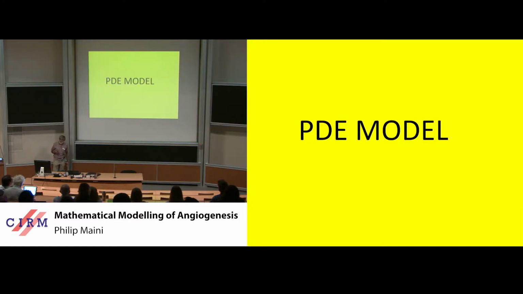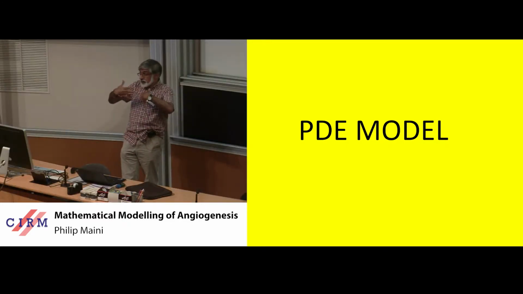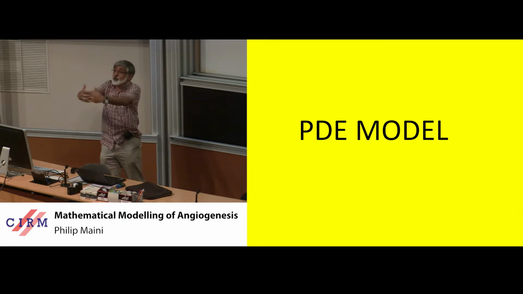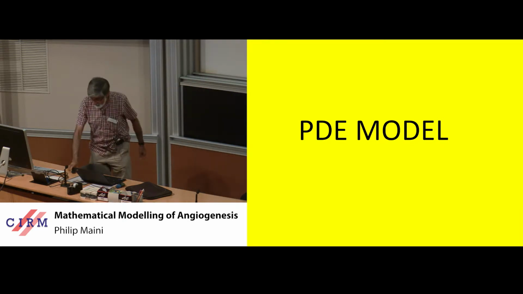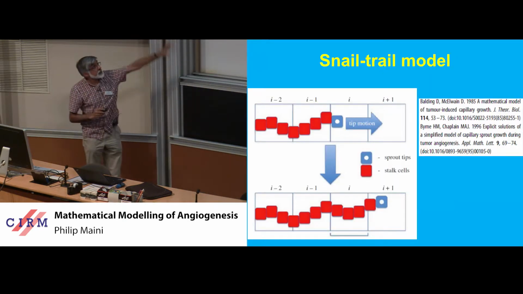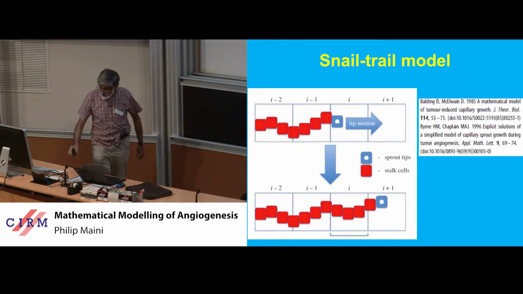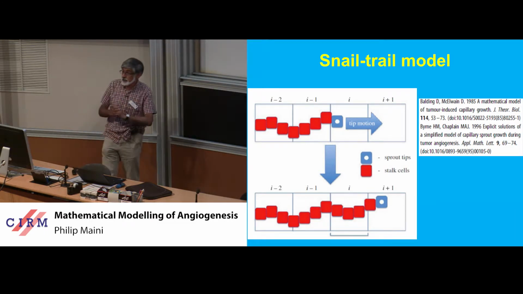And one of those models has been on the model of the blood vessel, the endothelial cells moving towards the tumour. And this is the very well-known snail trail model that's been around for over 30 years.